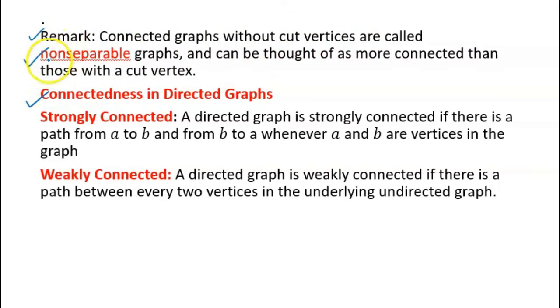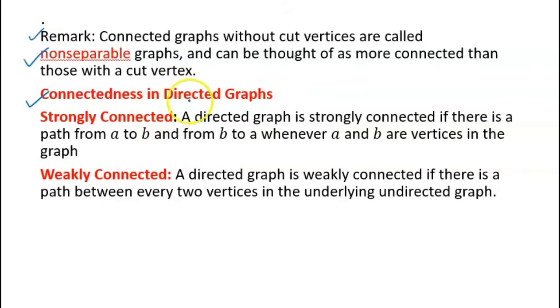So if in the graph there is no cut vertex available, we will call that graph a non-separable graph, and it can be thought of as more connected than those with a cut vertex. Means there is a strong bond between the vertices, because removing any of the vertices does not leave the graph disconnected. So what is the definition of a non-separable graph? A graph is said to be non-separable if it does not have any cut vertex.